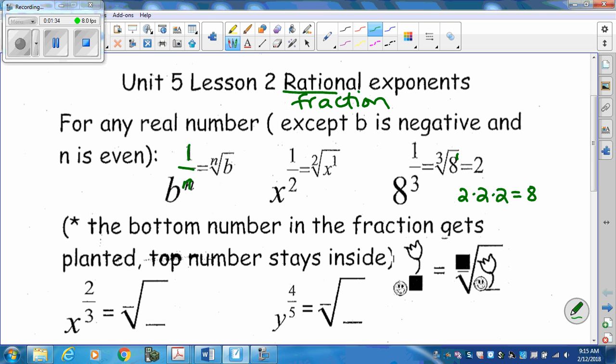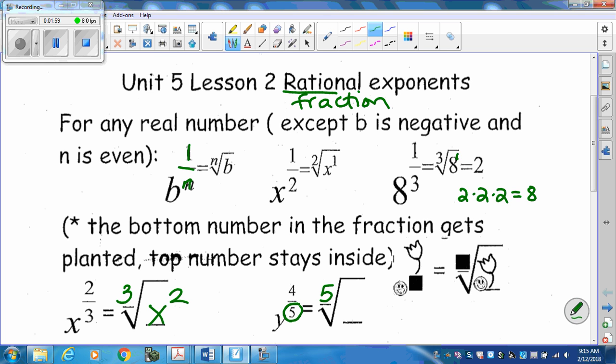So if you have x to the 2/3 power, that would be the cube root of x squared. And if you have y to the 4/5 power, that would be the 5th root, right?